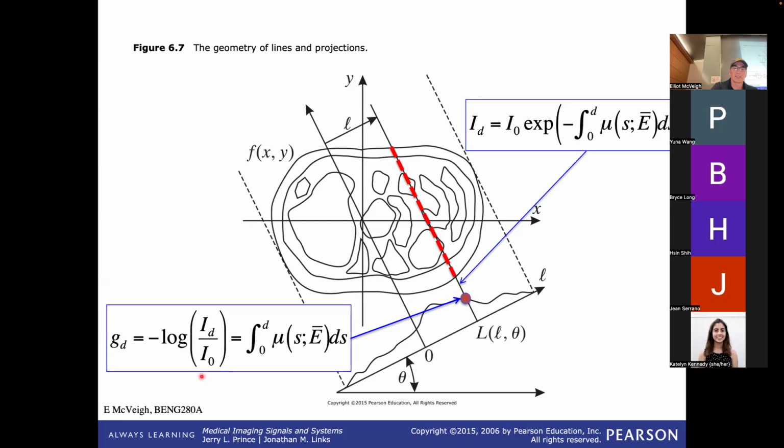Because this number is like 10,000 photons. And this number, if it's 1, now you got a very large, remember what log looks like, negative log, right? So you got a big number. So you don't want that, because you'll get really high noise values when this is a very small number.